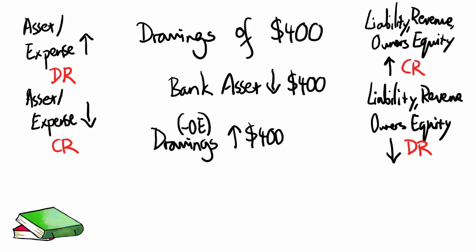In terms of debit credit, if an asset goes up, we debit it, and if an asset goes down, we credit it. So in this first instance, we should be crediting our bank asset. For drawings, if an owner's equity goes up, we credit it, but since it's a negative owner's equity, we do the opposite, so we debit it.